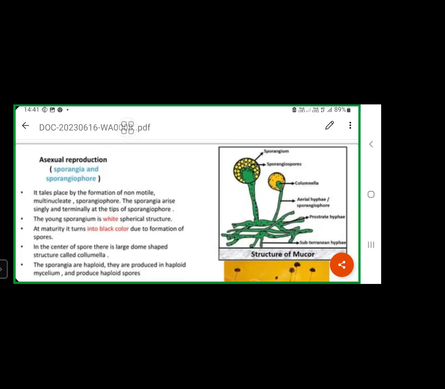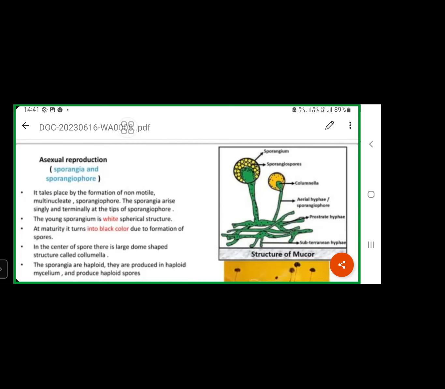The tip region becomes swollen and round in shape. That swollen, round tip region is called a sporangium.